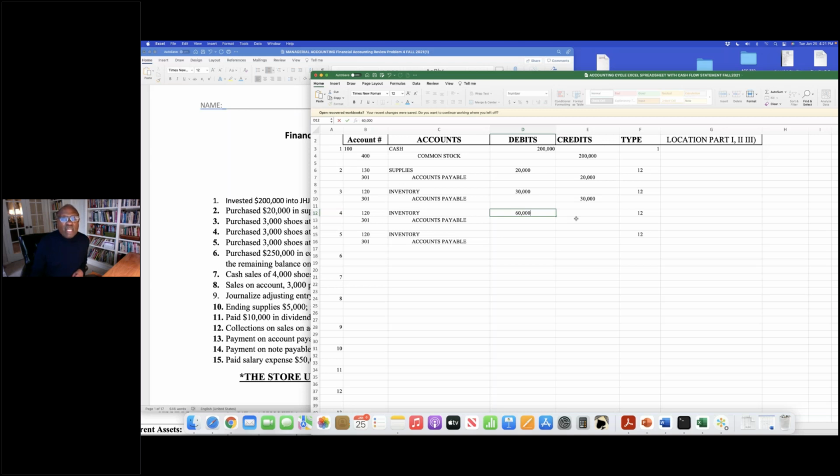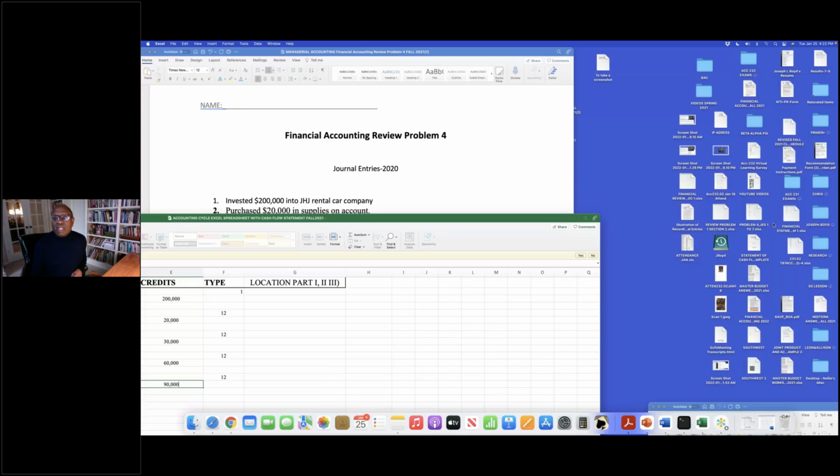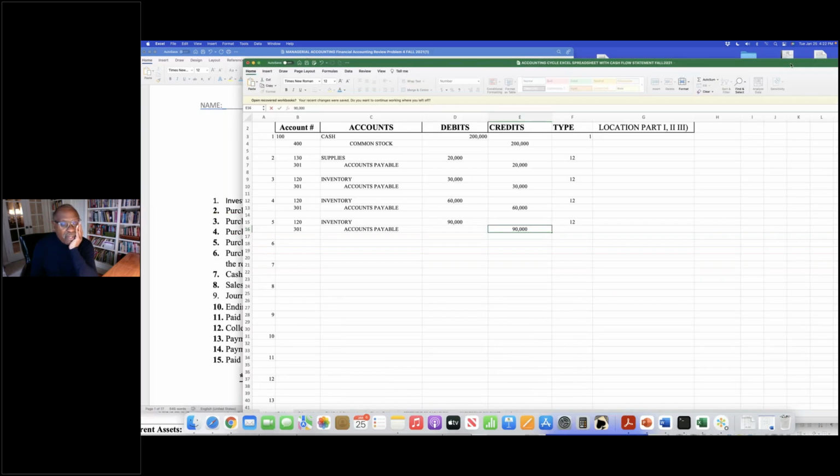What's our amount in transaction 5? 90,000. Okay, so we have three inventory purchases.